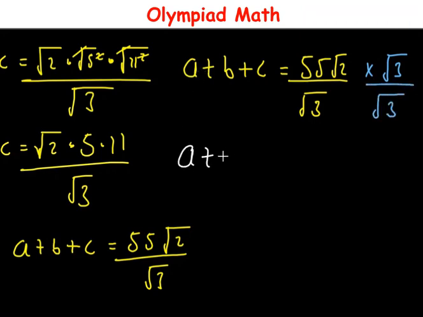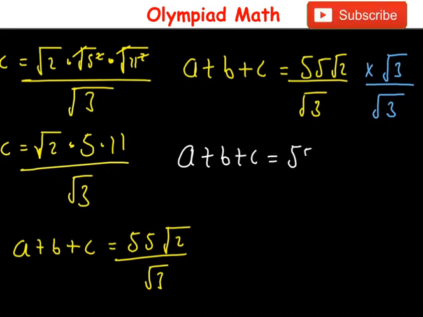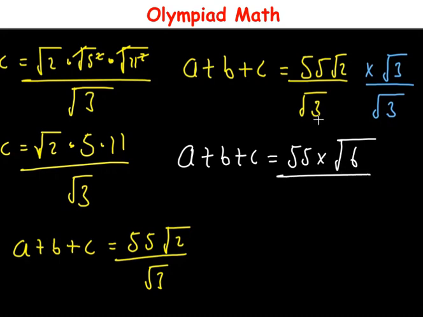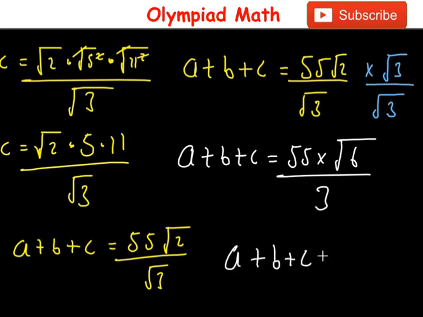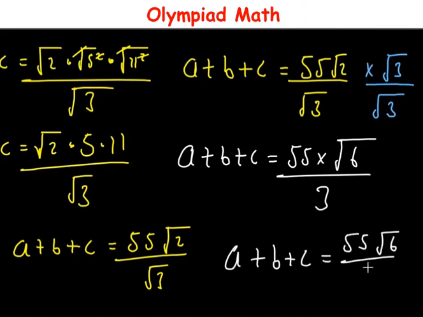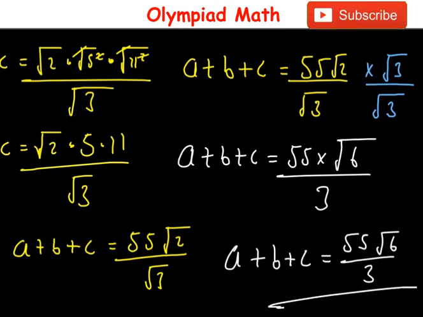Next, A plus B plus C equals 55, then root 2 times root 3 is simply root 6, over root 3 times root 3, the value equals 3. So from this, A plus B plus C equals 55 root 6 divided by 3. And this is the final answer to the given question.